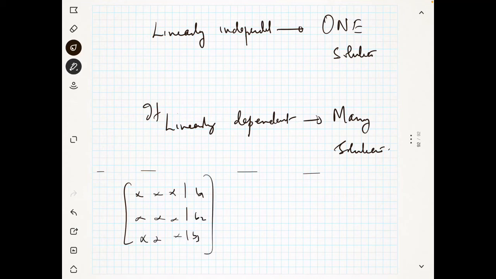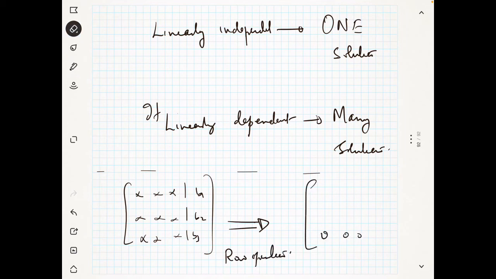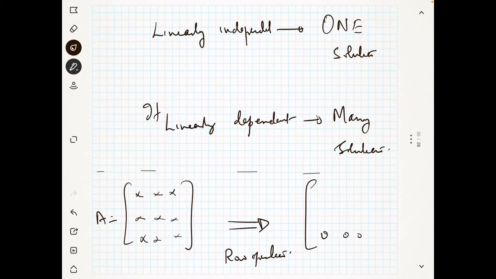Now if you perform the row operation, let's say we are considering only the matrix A, that's enough. So this is a matrix A, and you apply row operations to A.